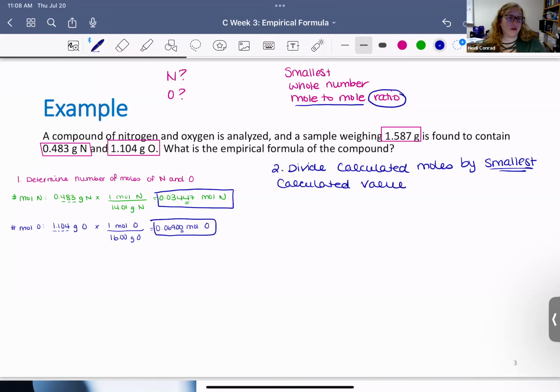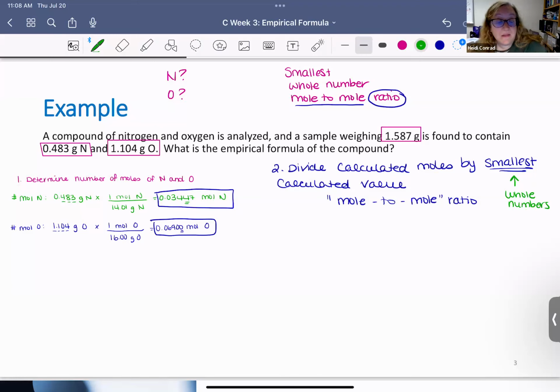I'm doing it by the smaller of the 2 numbers to guarantee that I'm getting whole numbers. This is what's going to produce that mole-to-mole ratio. Picking the smallest number is going to guarantee those whole numbers.